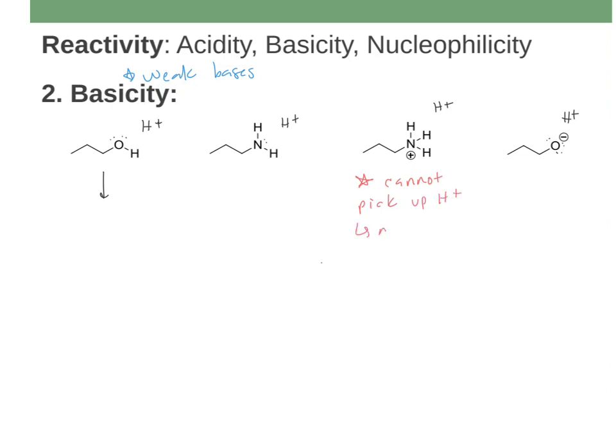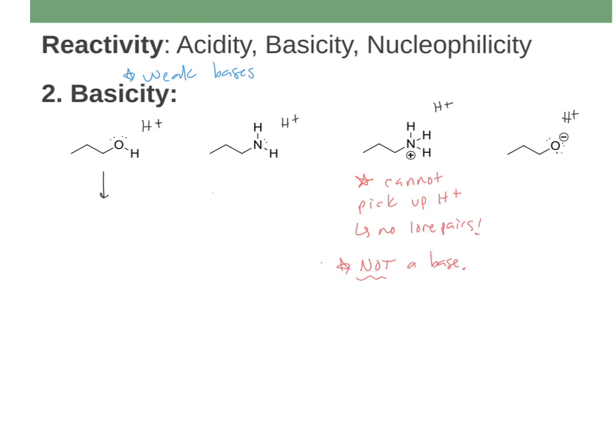Right, and that's because it has no lone pairs or pi electrons, right? It has no free electrons, it has no lone pairs, and therefore it is not a base. So if you have an ammonium salt, it's not basic at all. It cannot pick up another hydrogen. Right? It's not going to be a base. It cannot act as a base.